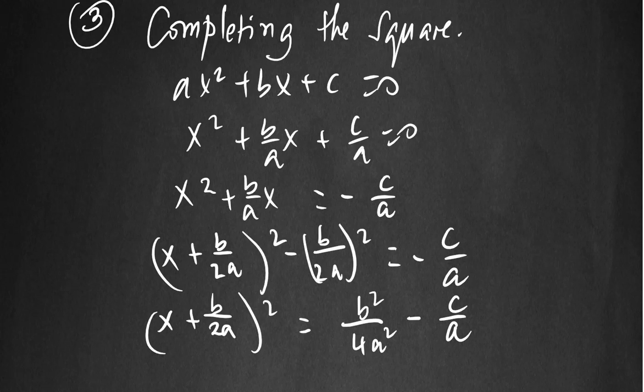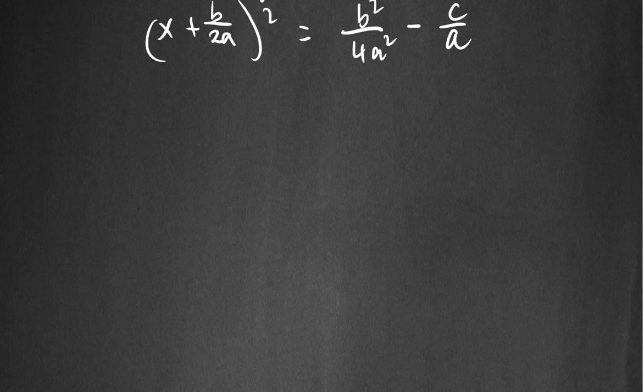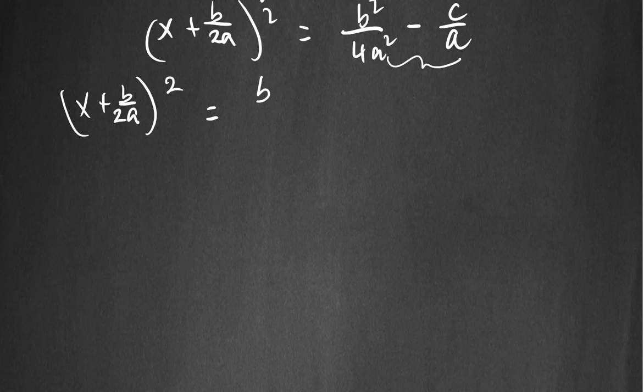Okay, we keep going. We have to put this on the same denominator here. So we have x plus b over 2a squared is equal to b squared minus 4ac over 4a squared.